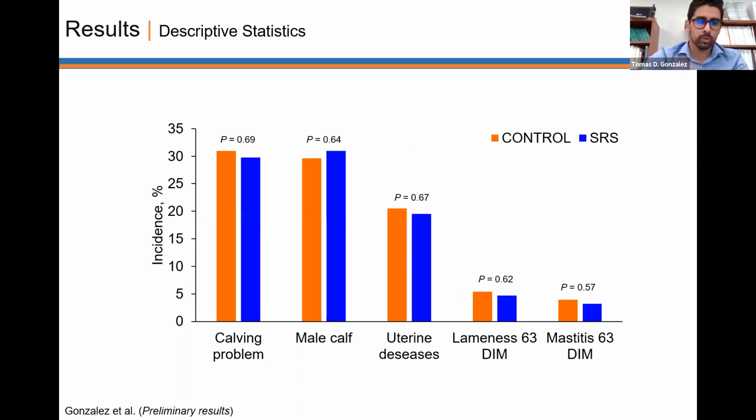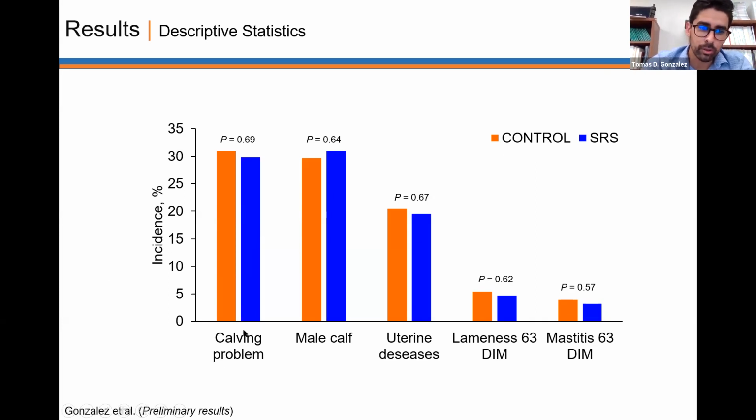With the results, we have this graphic here, for descriptive statistics. We assigned the color orange to the control group and blue to the study group, or SRS, so it's easy to see both. Here we have the incidence of the cases in both groups. You're going to see different events happening in the cow.